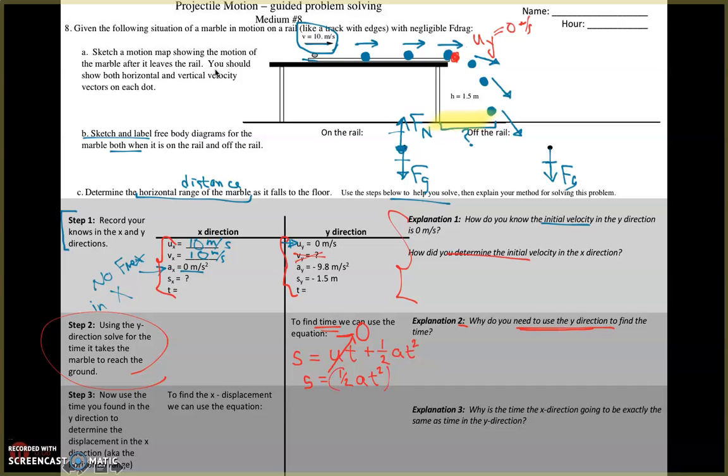I'm going to start by multiplying by 2 on both sides. So I have 2s equals at squared. Then I'll divide by a on both sides. 2s divided by a is equal to t squared. And I'm going to take the square root of both sides, and get that the square root of 2s over a is equal to the time.